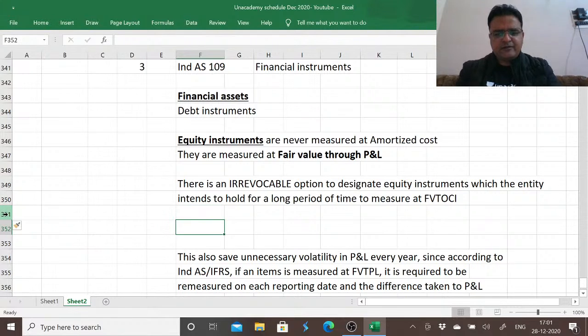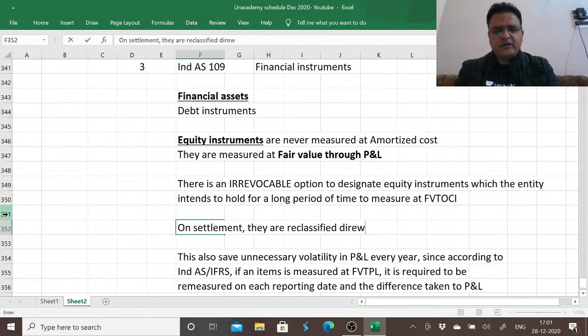Any difference on settlement also? On settlement they are reclassified directly to equity. Now they lose their chance of being routed through P&L. So if this irrevocable option of designating equity instruments to be measured at fair value through OCI is taken, then we have no option other than continuing to recognize it at fair value through OCI, taking the difference through OCI.